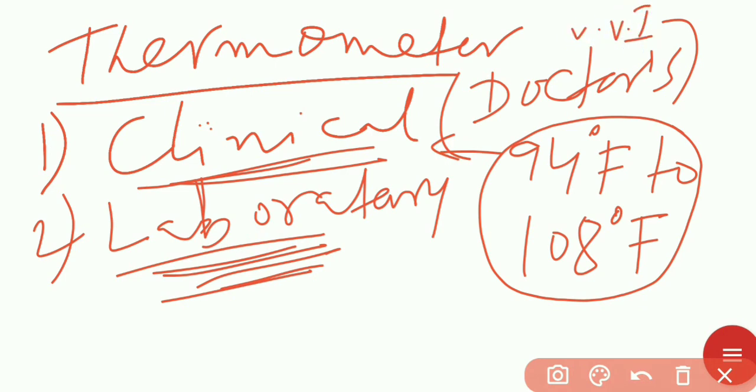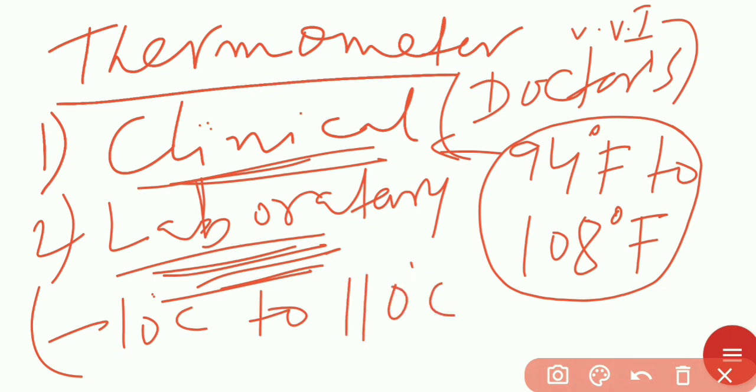And what is the range for laboratory thermometer? Minus 10 degree centigrade to 110 degree centigrade. This is the range for laboratory thermometer.